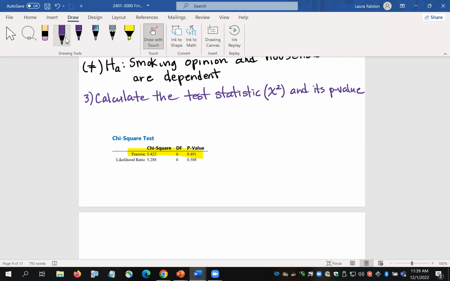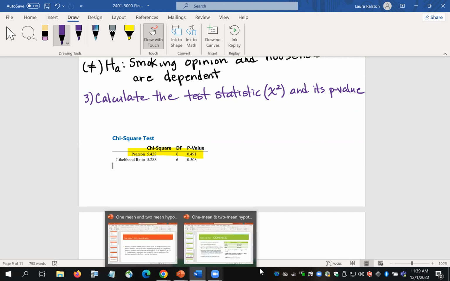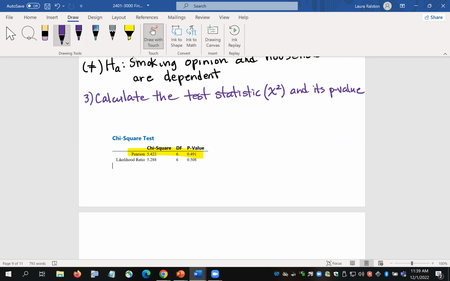And so for this problem, my chi-square test statistic is 5.422, and my p-value is 0.491.